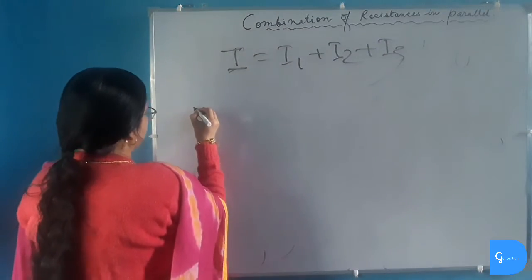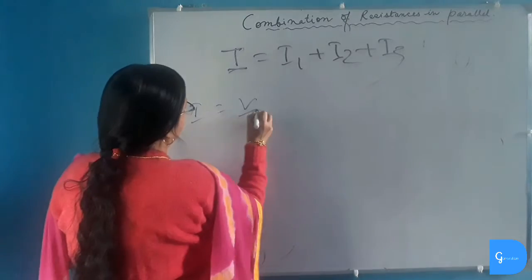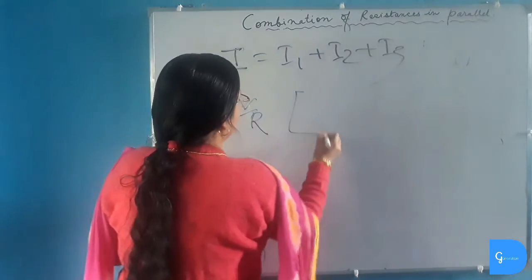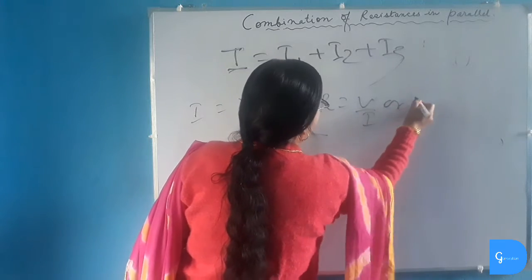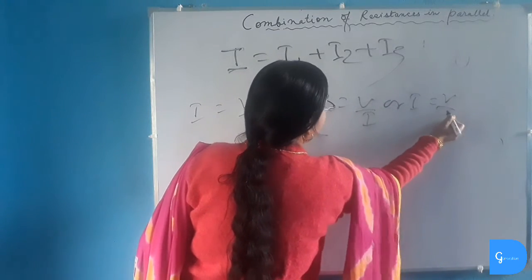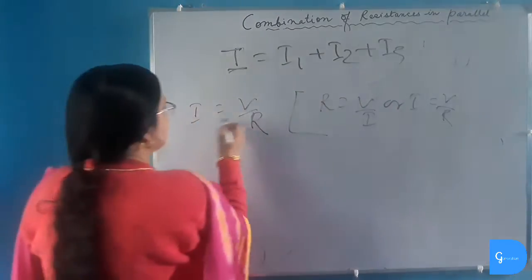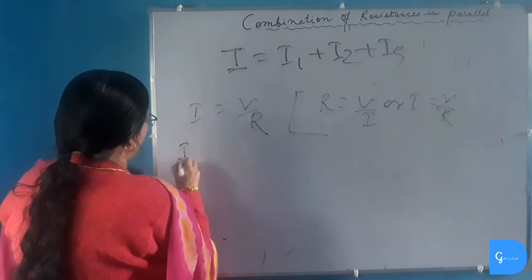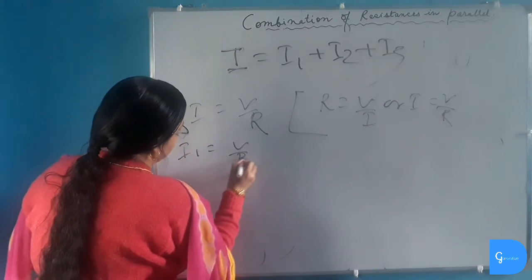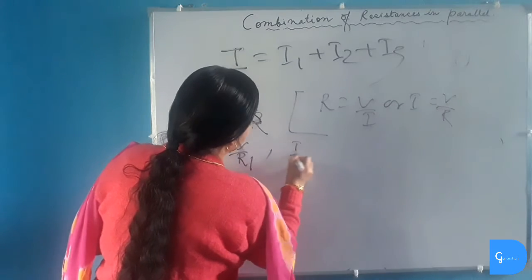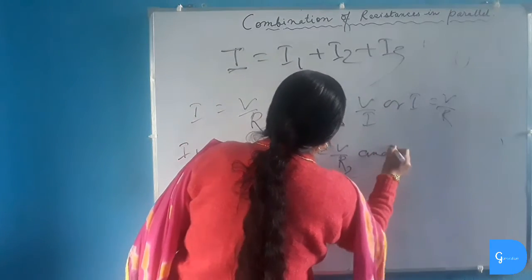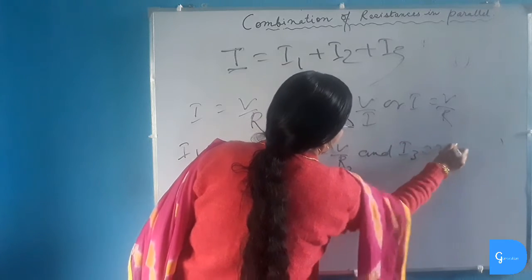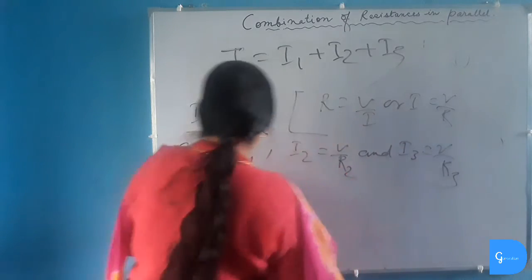Now we know that Ohm's law states that R is equal to V by I, or I is equal to V by R. So I is equal to V by R, and I1 will be equal to V by R1, I2 will be V by R2 and I3 will be V by R3.